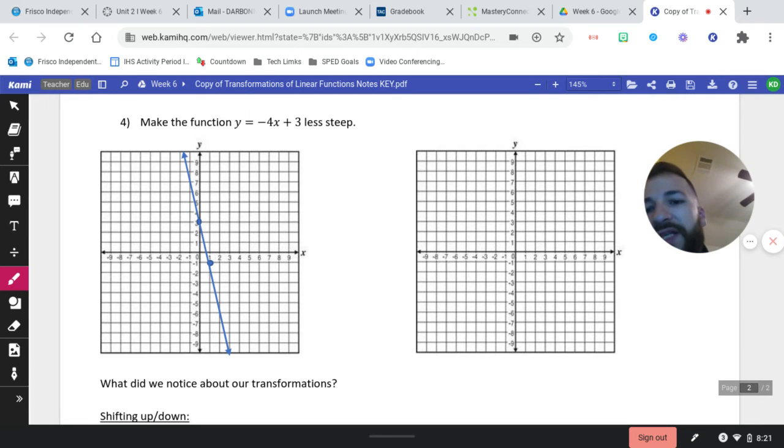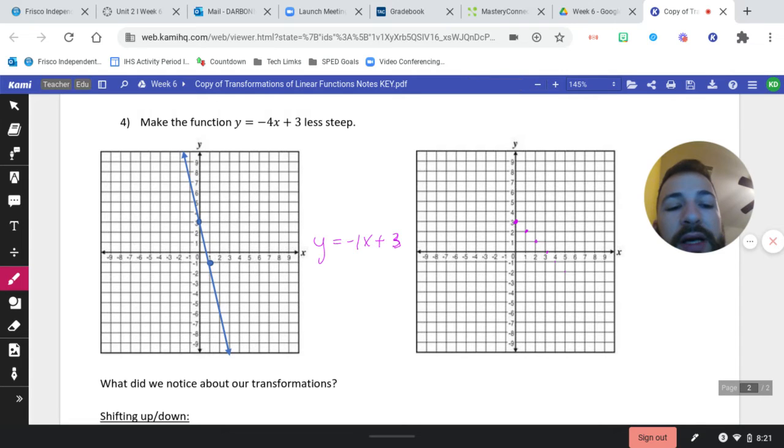So let's do y is equal to negative x plus 3. Notice my slope is still negative, but I'm moving it closer to a slope of 0. My slope is now negative 1x. So negative 1x plus 3, I would still go to 3, but now I'd go down 1 and to the right by 1.